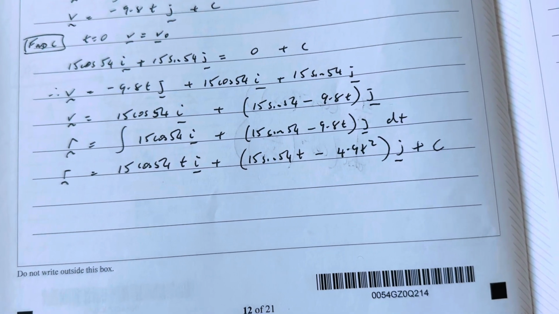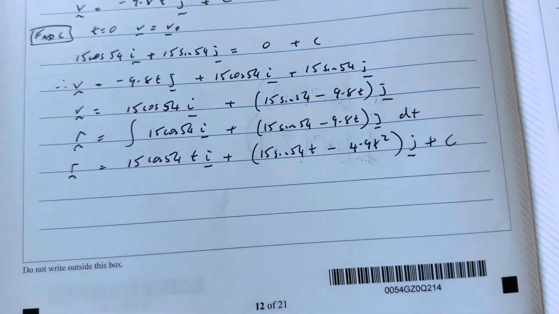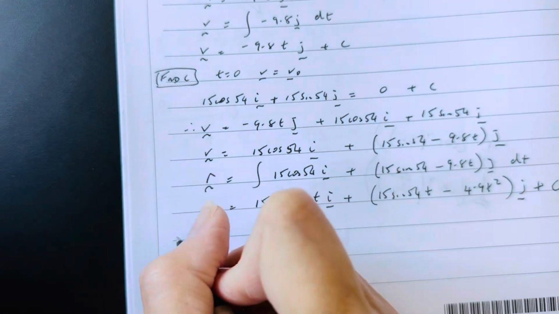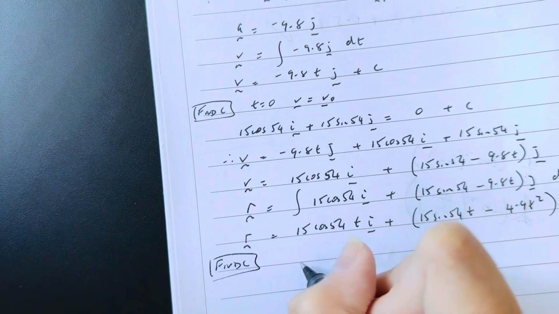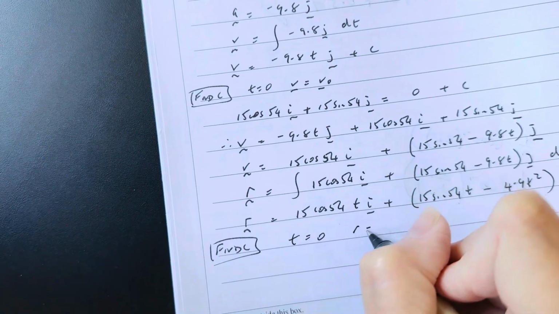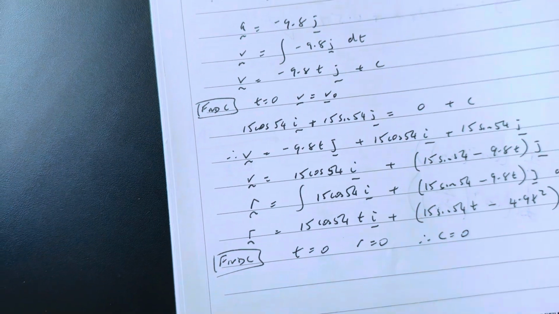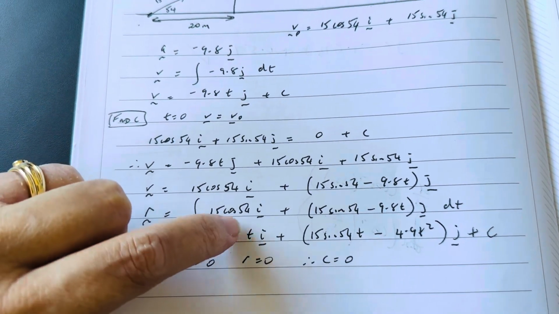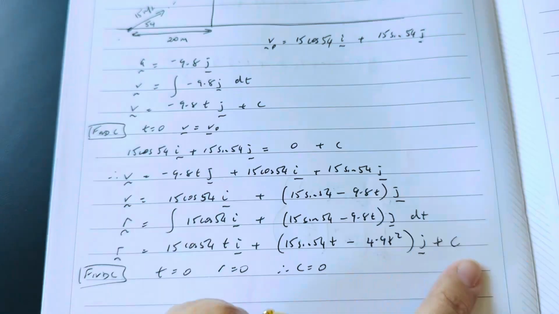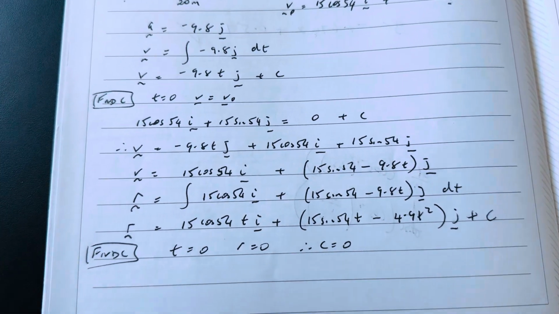Now we need to find c, but we're calling this our 0, 0. So at t equals 0, r equals 0, therefore c must be 0.